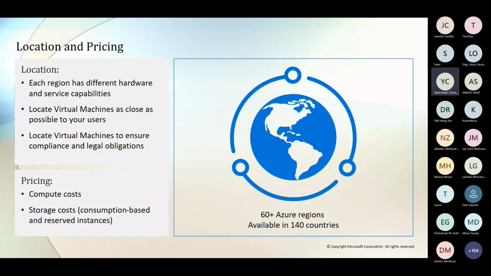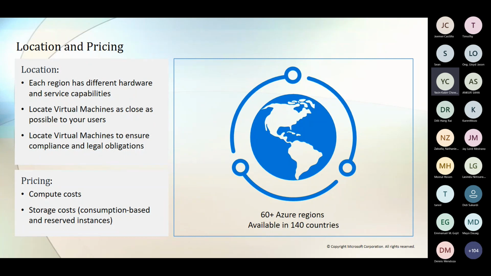Locate virtual machines as close as possible to users. Suppose most of the users of your VM, or the network or server, are in Europe, then it is better to deploy your VM in any Europe region data center. Or if your users are in Asia, then you can deploy your VM in the Asia region as a location.